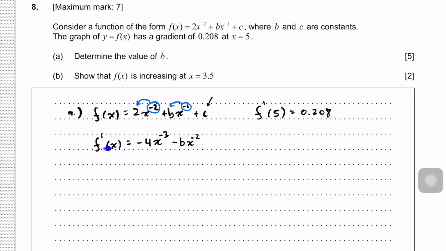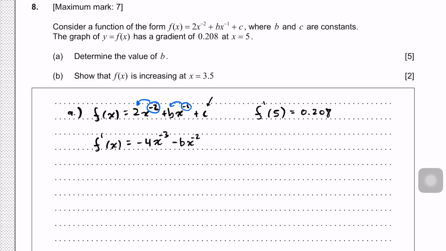This is the gradient formula. When we put x into our function right here, we know the gradient, or the slope at that given point, is equal to 0.208. So when we put in an x value of 5, the output will equal 0.208. So this is the kind of input-output question that maybe just requires one additional step.